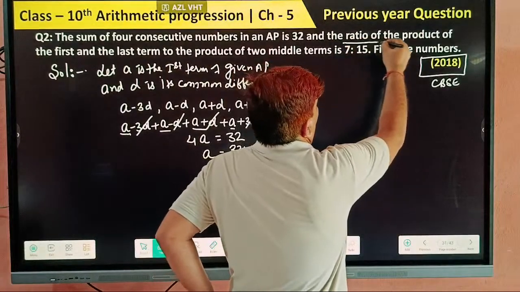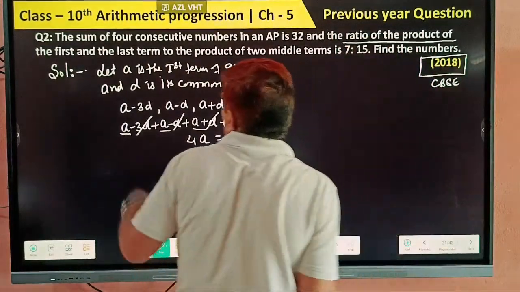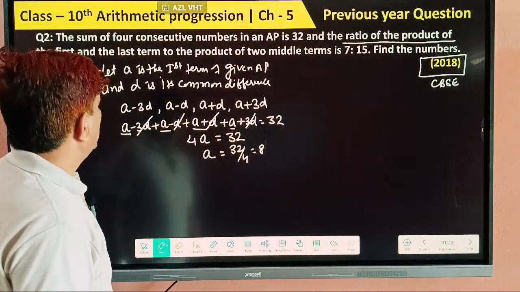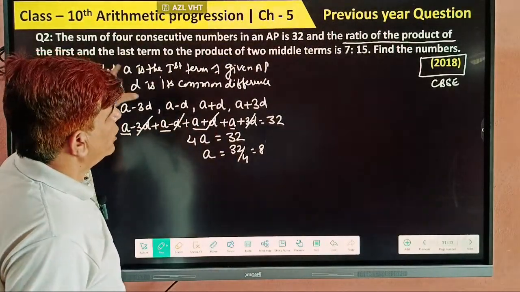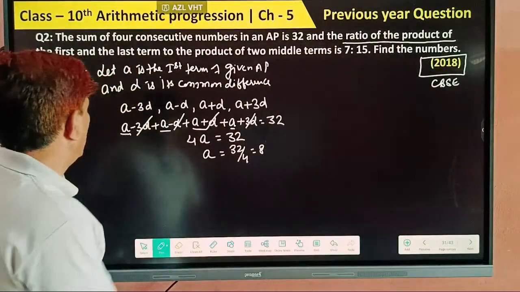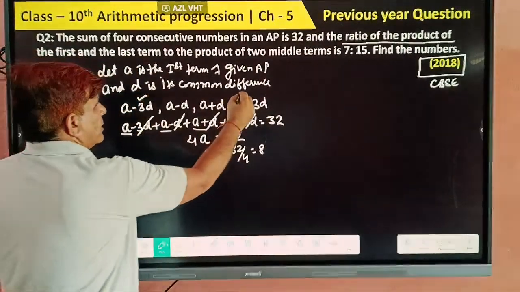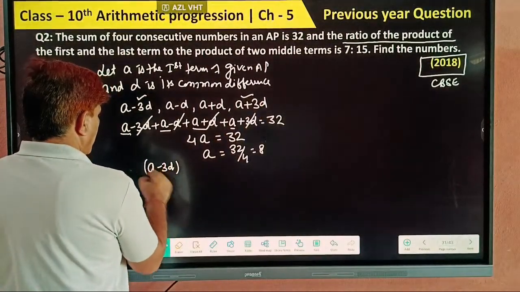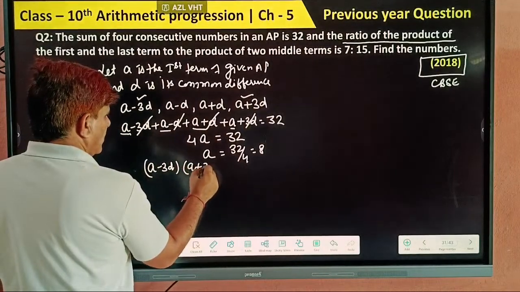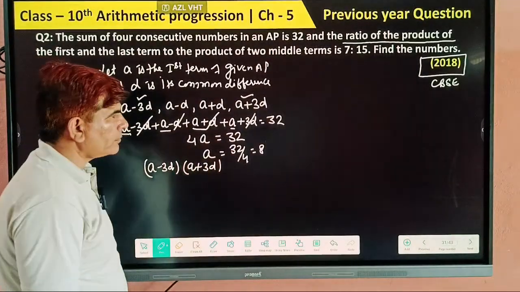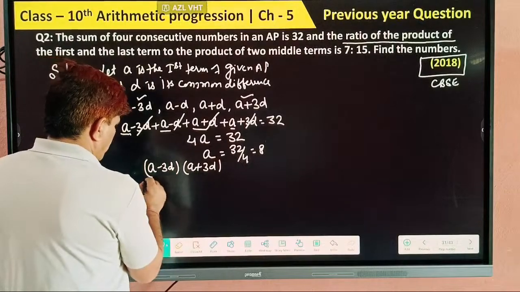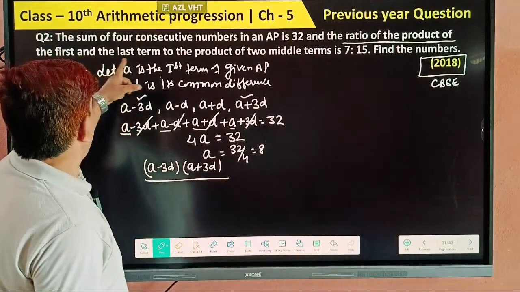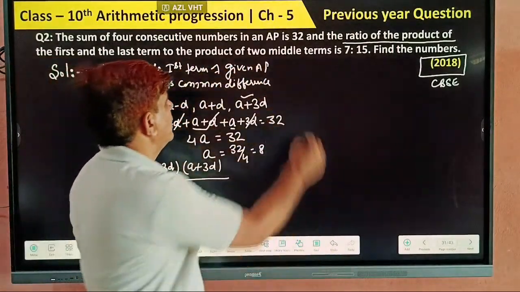And second, the ratio of the product of the first and the last term. First term is this, last term is this: A minus 3D into A plus 3D, to the product of the 2 middle terms.